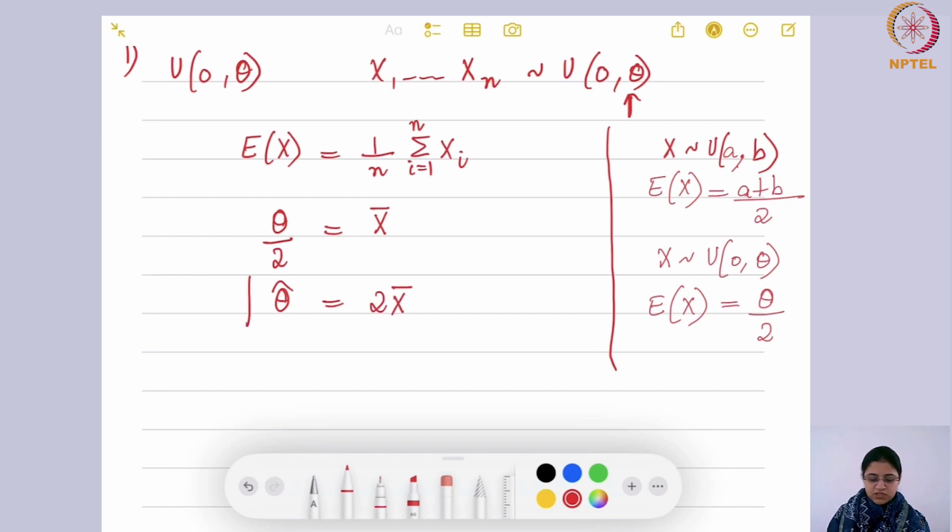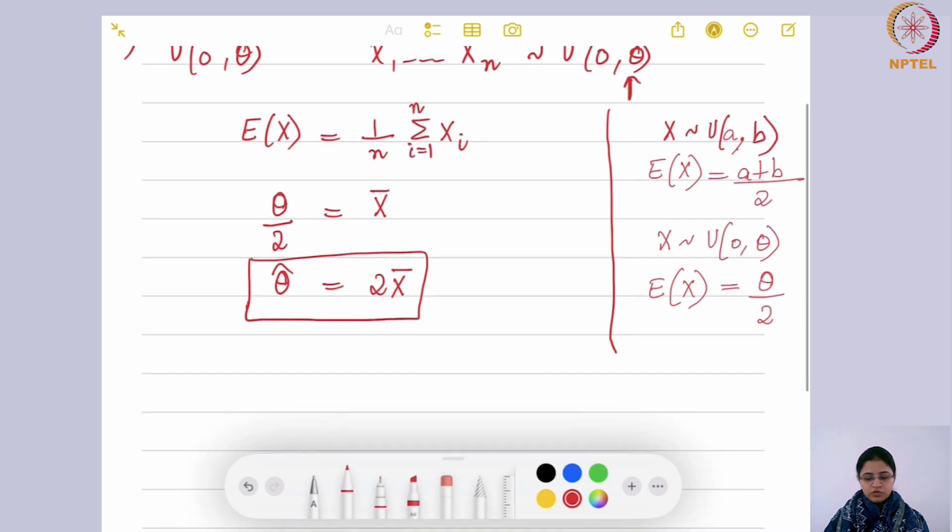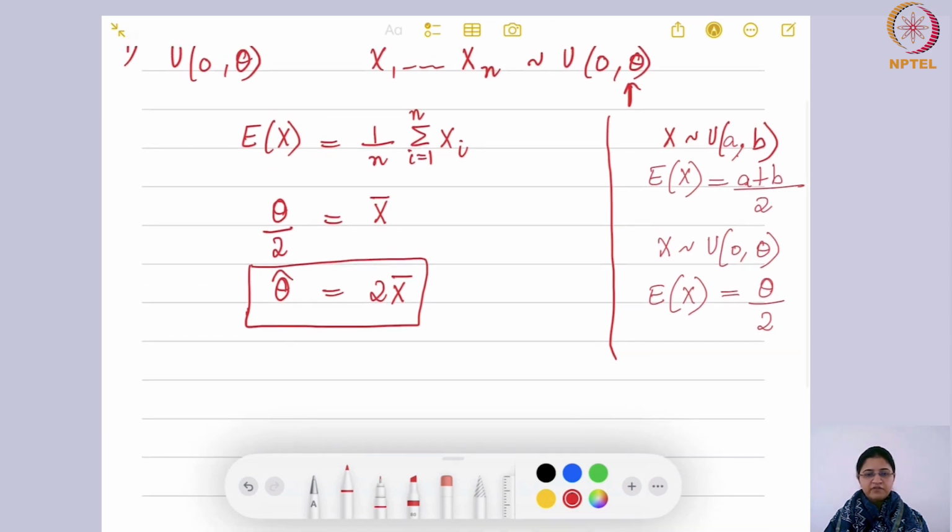So this is your point estimator in this case. You have come up with this single value. You have a random sample, you find the sample mean and take twice of it. You will see how these examples work when we learn about Python in the 4th lecture of this week.